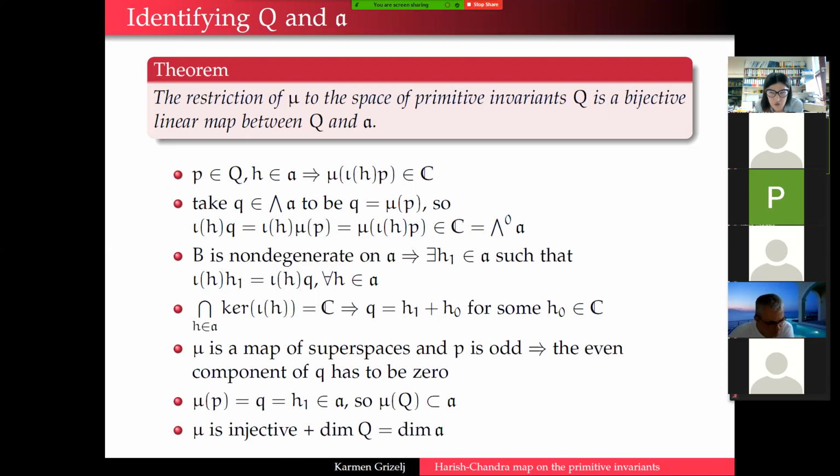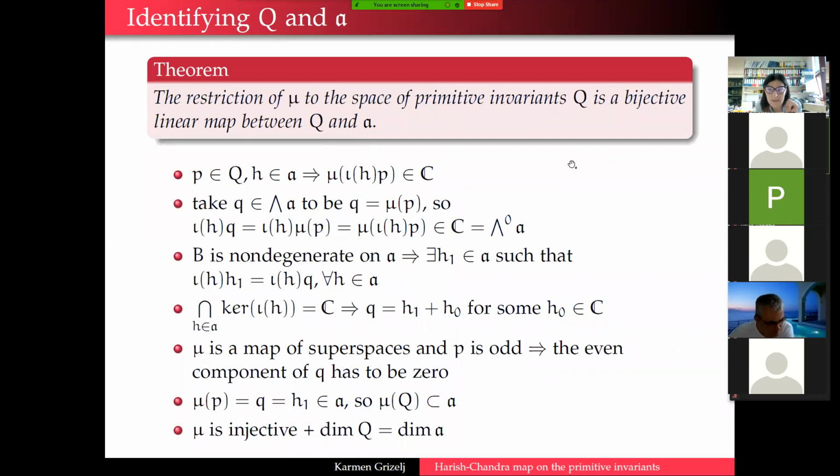Well, I didn't write it down, but we actually know exactly in which degrees primitive invariants can appear. And we know that if we know the exponents of our Lie algebra. So it is quite weird that our primitive invariants under the Harish-Chandra map behave as elements of degree 1.